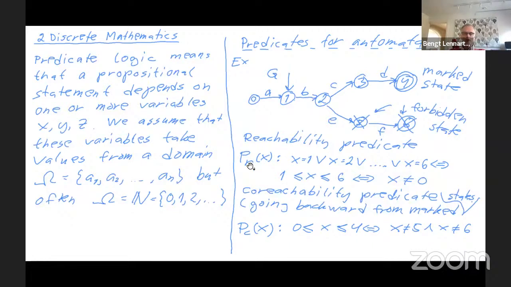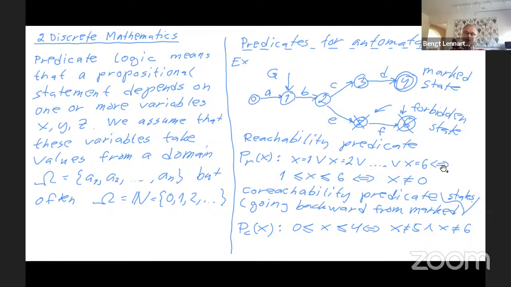So I formulate then a predicate I called PR of X. So that is either X is equal 1, our variable. So you could say that now I introduce a variable X, which takes these different values. So if X is your state variable, which can take value 0, 1, 2, etc. So this you can express as X is equal 1 or X is equal 2 until or X is equal 6.